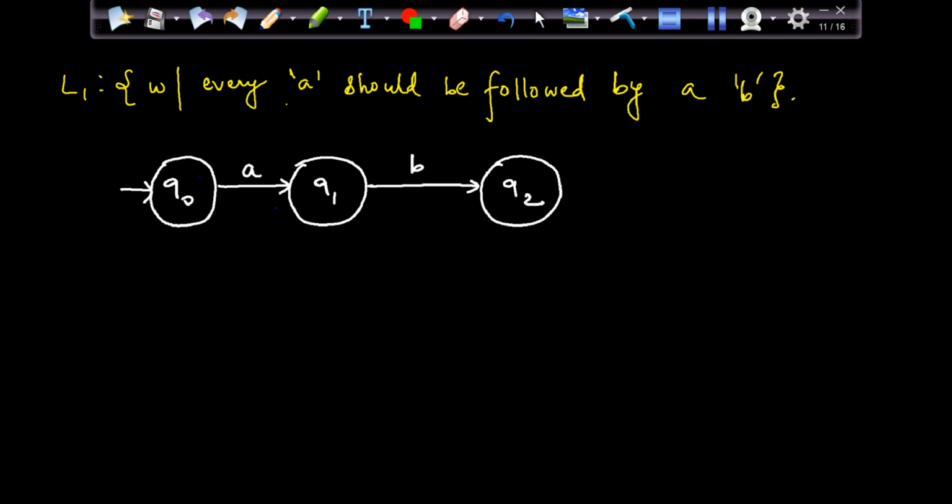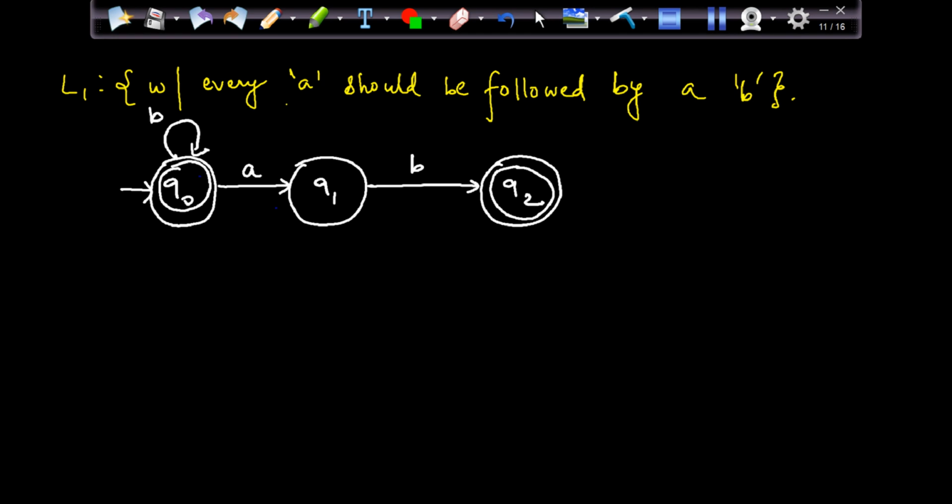When you are at Q0, if you see a B, you stay at Q0. But the moment you see an A, the next symbol must be B. Then you make Q2 the final state. You have to make Q0 also a final state, right?